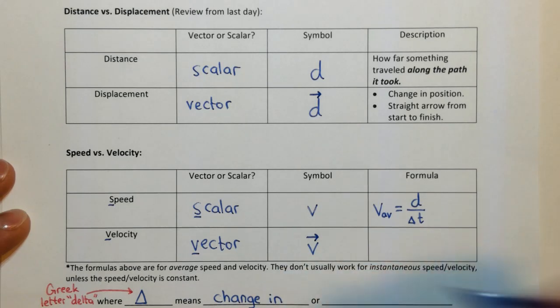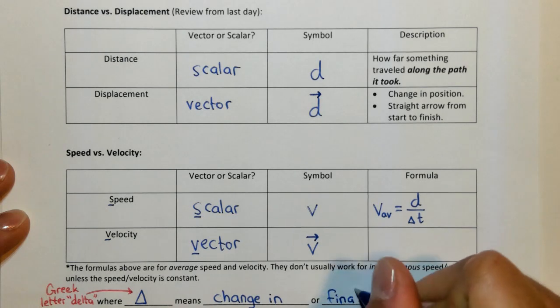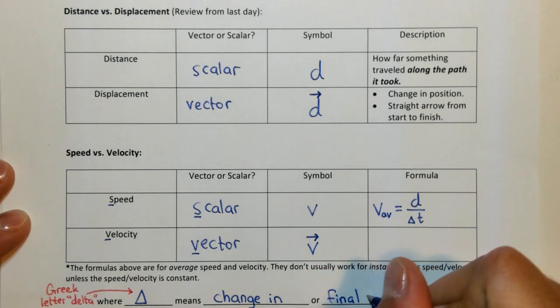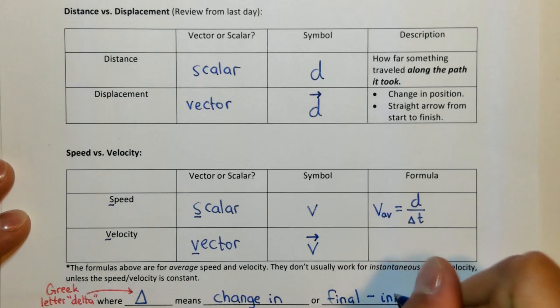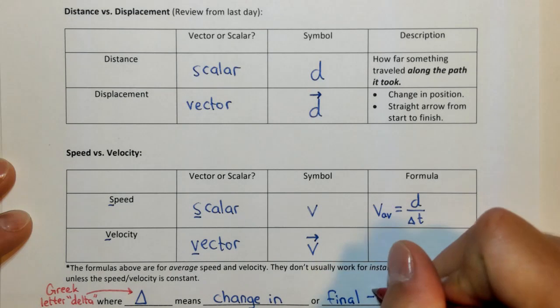But the way I got -1 was I took the final number of apples, 3, and I subtracted the initial or beginning number of apples, 4. So the final number minus the initial number gave me the change in the number of apples. 3 at the end minus 4 at the beginning gave me -1.